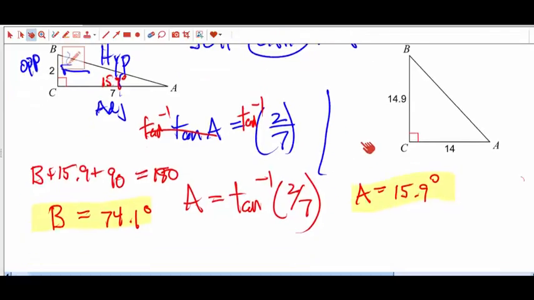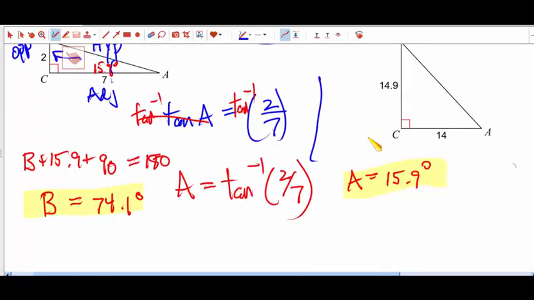So I can write the equation. The cosine of 15.9 degrees equals 7 over the hypotenuse. And now I'm going to solve for the hypotenuse. I like to solve these by cross multiplying.